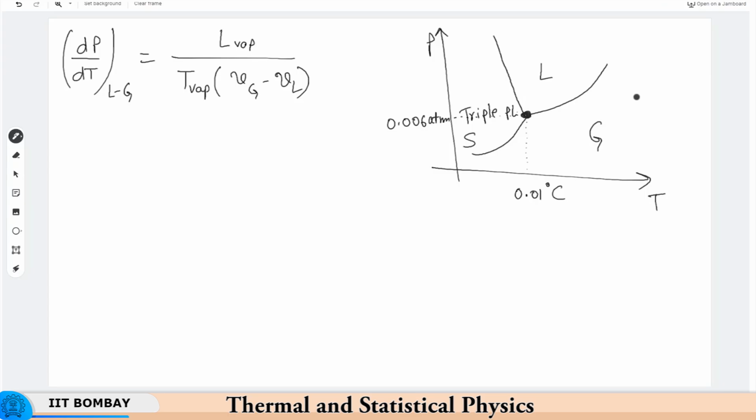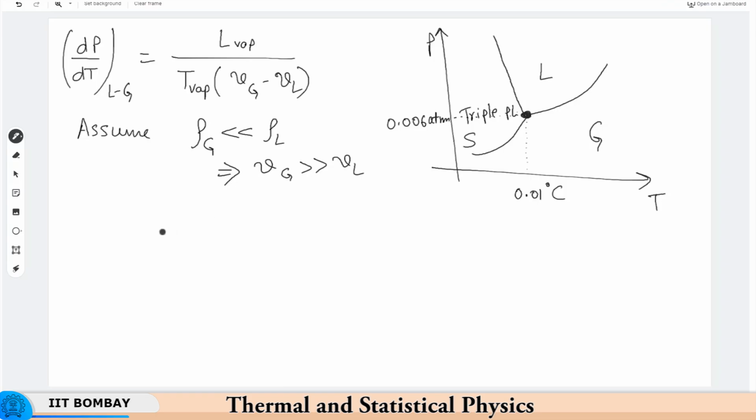When you boil water on a fire, the liquid has much higher density, but as it turns into steam, the density of steam is much lower. So what we are assuming is that rho g is much smaller than rho L, which naturally implies that Vg is much greater than VL.